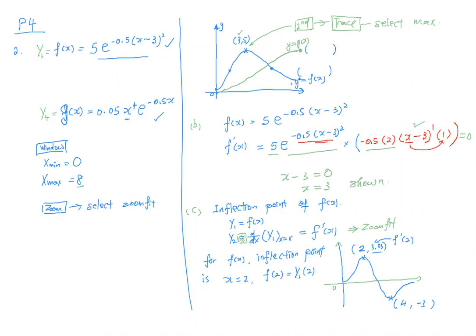Find the coordinate of the inflection point of fx and gx. Okay, so class, if you look at my answer, the coordinate of the inflection point is not right. The x is correct, but the y is not correct. So can you give me f2?